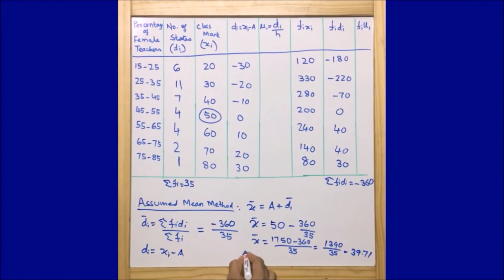So you could see that the mean is 39.71.